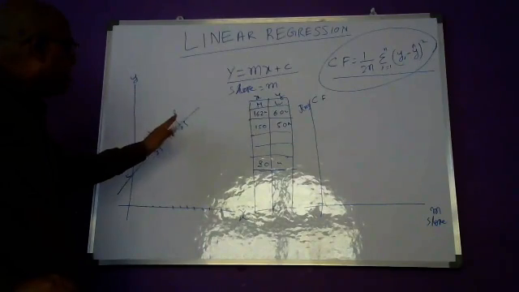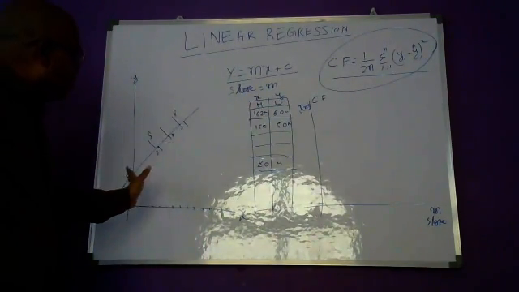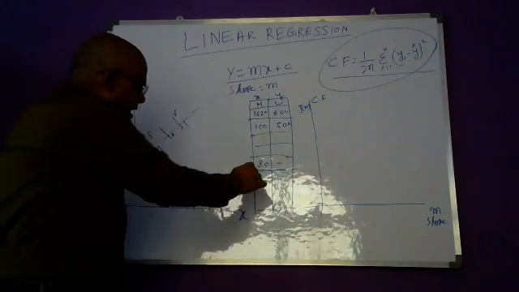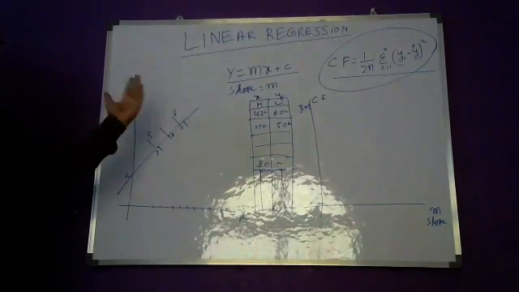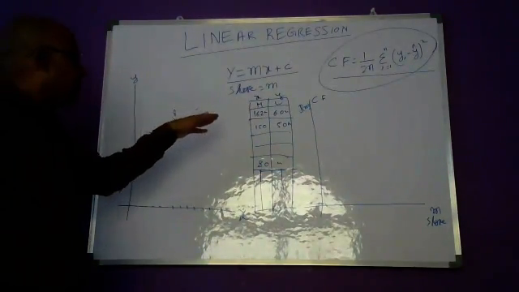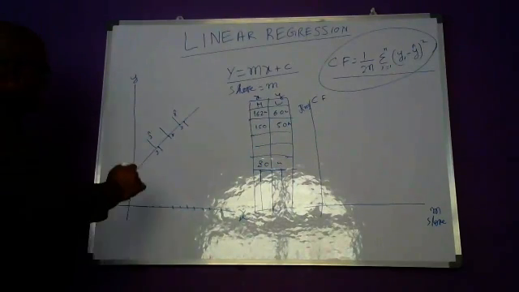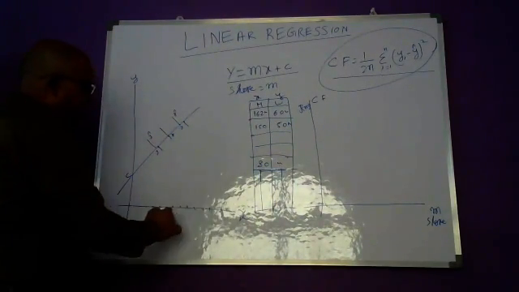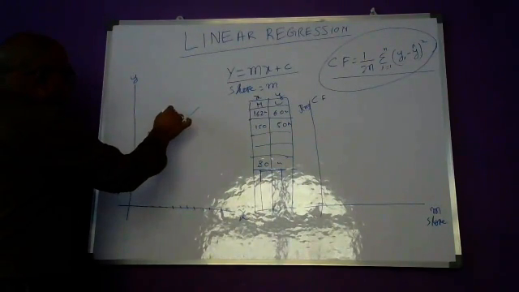Suppose after drawing the line with the help of 80% of records, we send the 20% of records to the same line, the same algorithm. The value calculated based on the height is the predicted value, y hat.